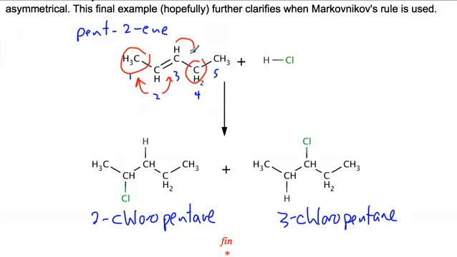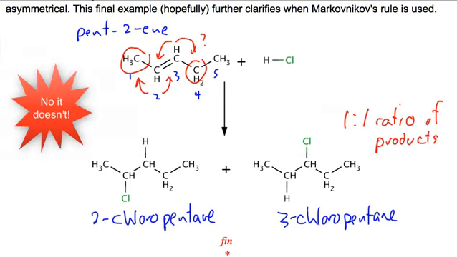So which one is bonded to more carbons? Neither. So which product predominates? Neither. And so this is where you'd see pretty much a 1-to-1 ratio of those two products. So even when you have something that kind of looks asymmetrical, think about the symmetry off the carbons. It's the carbons of the double bond and how many other carbons they're bonded to that give rise to this symmetry or asymmetry. And so that concludes Markovnikov's rule.